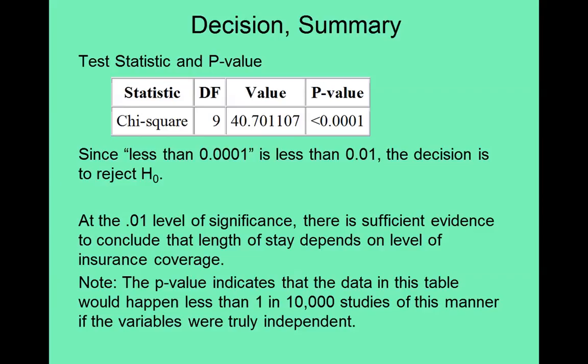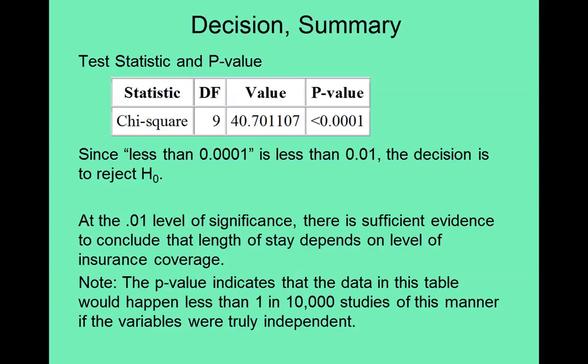Since less than 0.0001 is less than 0.01, the decision is to reject the null hypothesis H0. This suggests the pattern of counts in the table, in other words the sample data, is very unusual if the variables are independent.